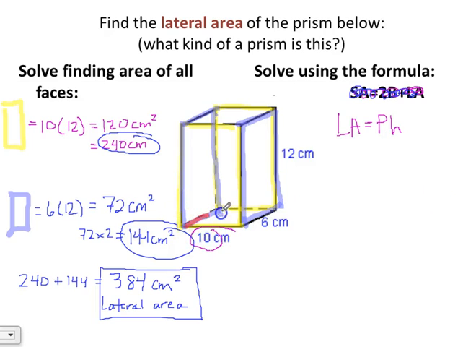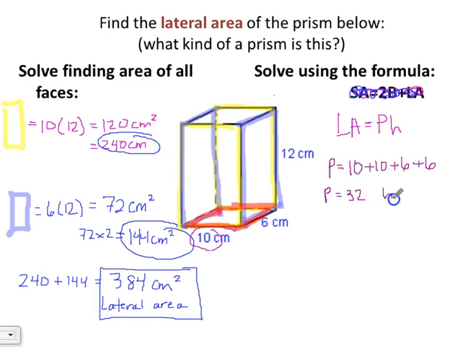The base is right here. So the perimeter is going to equal 10 plus 10 plus 6 plus 6. So what do we get? 10 plus 10 is 20, plus 12 is 32. So the perimeter is 32.